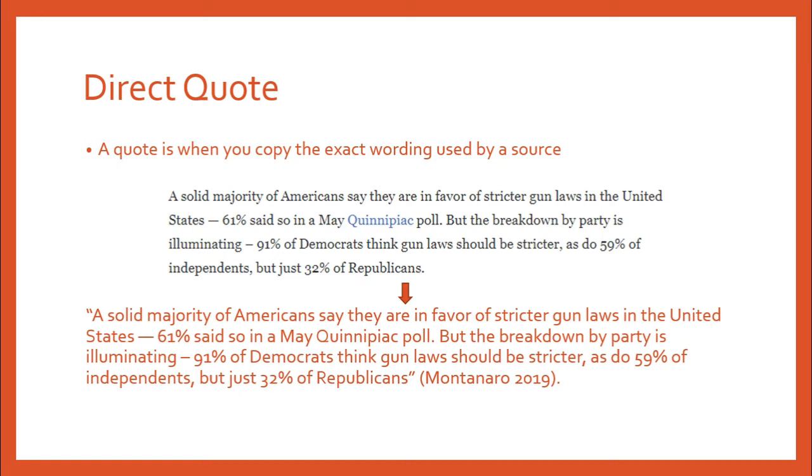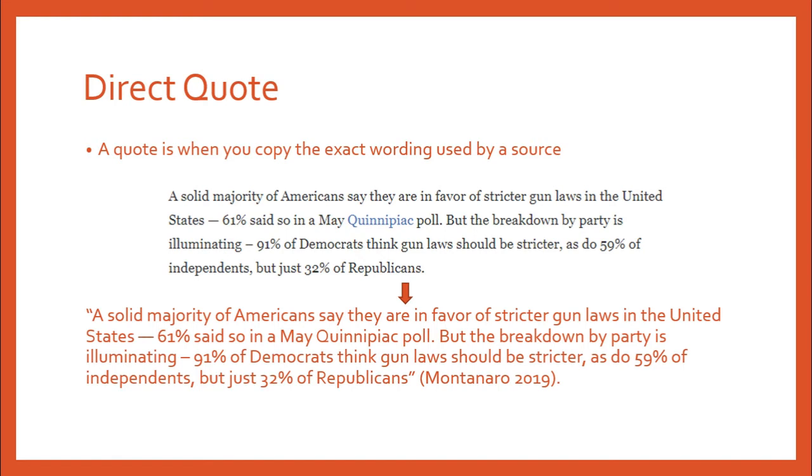And when you have a direct quote, basically all you do is you copy the exact wording that's used by a source previously. So if you look at this paragraph, it's the exact same thing again, and it just has quotation marks around it. So that's copying word for word exactly what somebody else said. Usually people only use a direct quote when there's something specific about the exact wording in a source that is less powerful or can't be conveyed any other way.